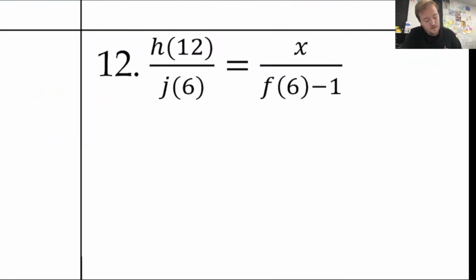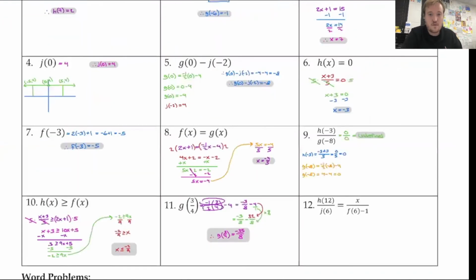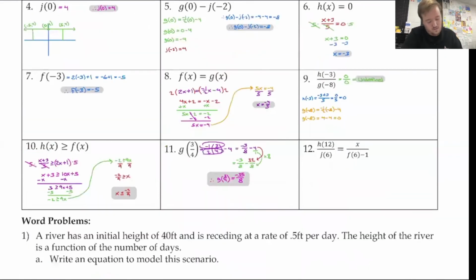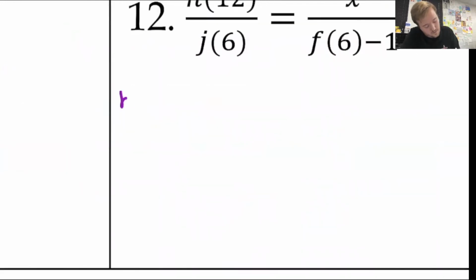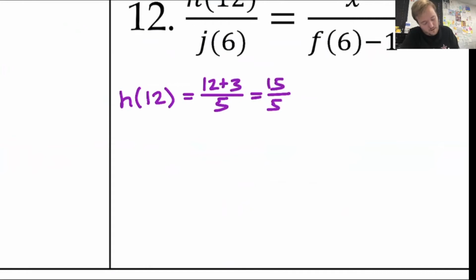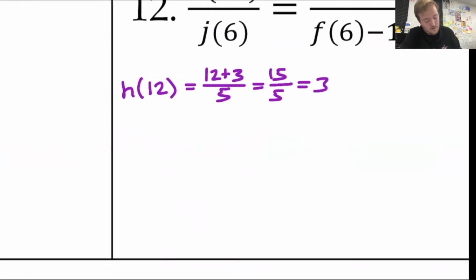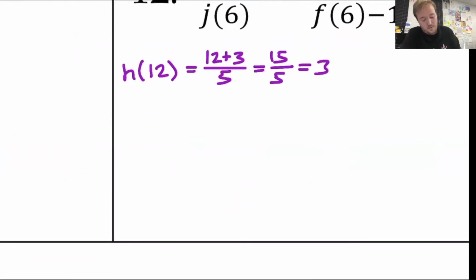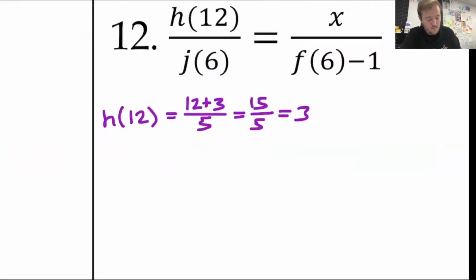Okay. So I'm going to find h of 12. So h of 12 is going to be equal to 12 plus 3 divided by 5, which gives you 15 over 5, which gives you 3. So j of 6, if you remember, is always going to be equal to 4.